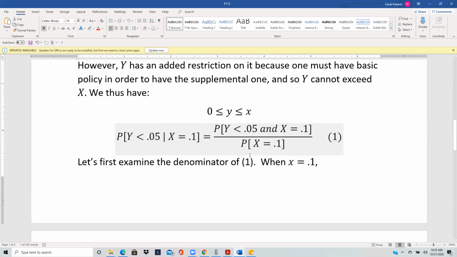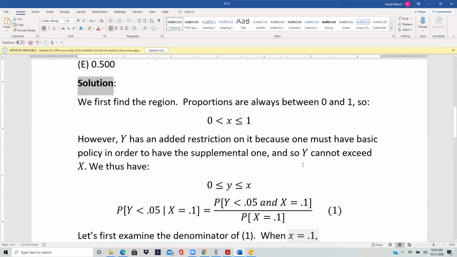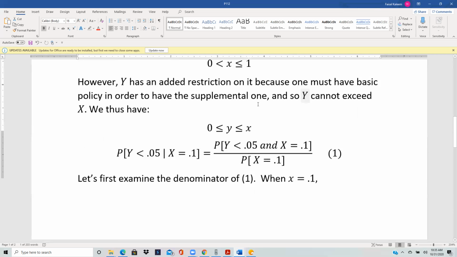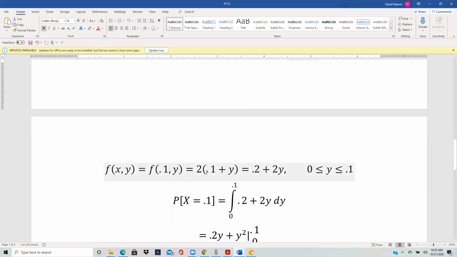Let's first examine the denominator. We want to see what the probability X equals 0.1 is. Now when X is 0.1, you substitute the 0.1 here, so you get 2 times (0.1 plus Y) for the PDF, so that's 0.2 plus 2Y when you distribute.